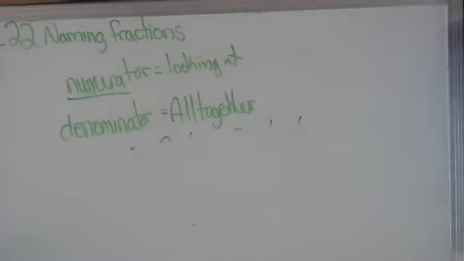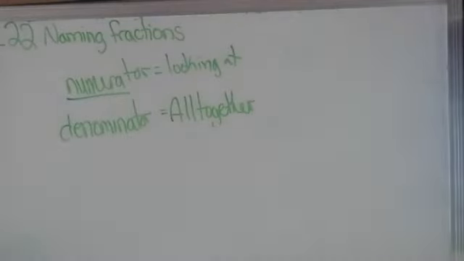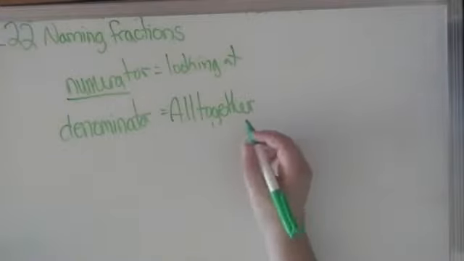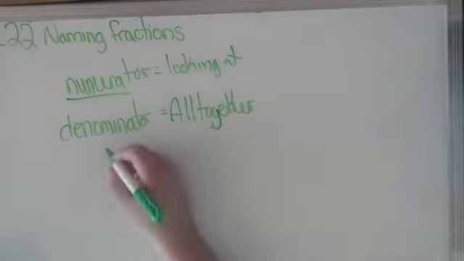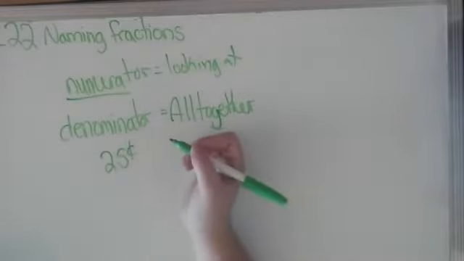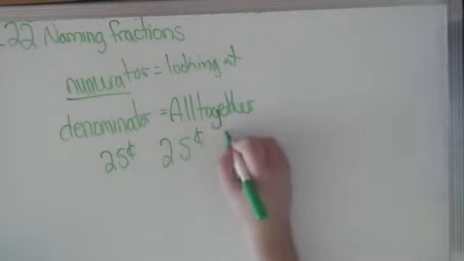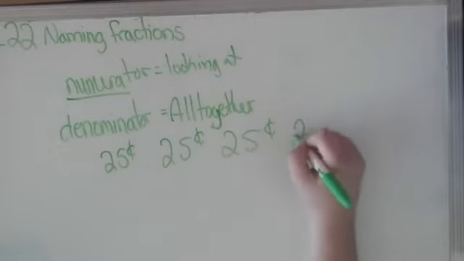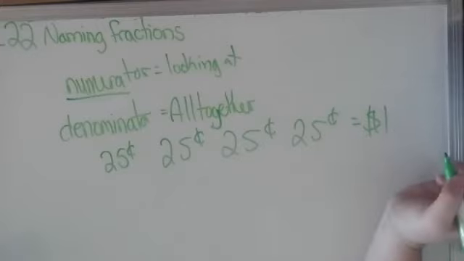We'll look at one more together identifying it. So the other way we look at fractions is we look at money. So if you have 25 cents, that is a quarter. There are 4 quarters in a dollar. If I had 4 quarters, I would have $1.